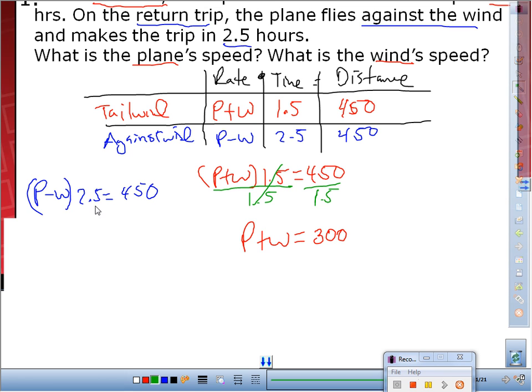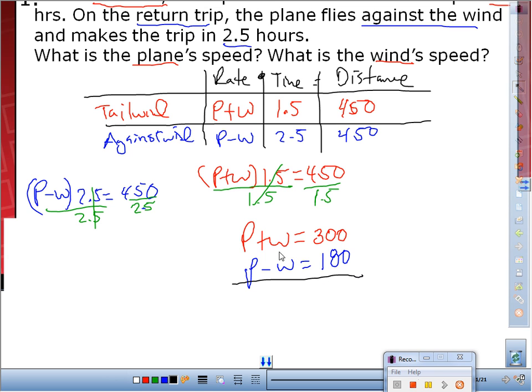And then I divide by 2.5, divide by 2.5. And it's P minus W equals 450 divided by 2.5. How many times does it fit in there? 180.